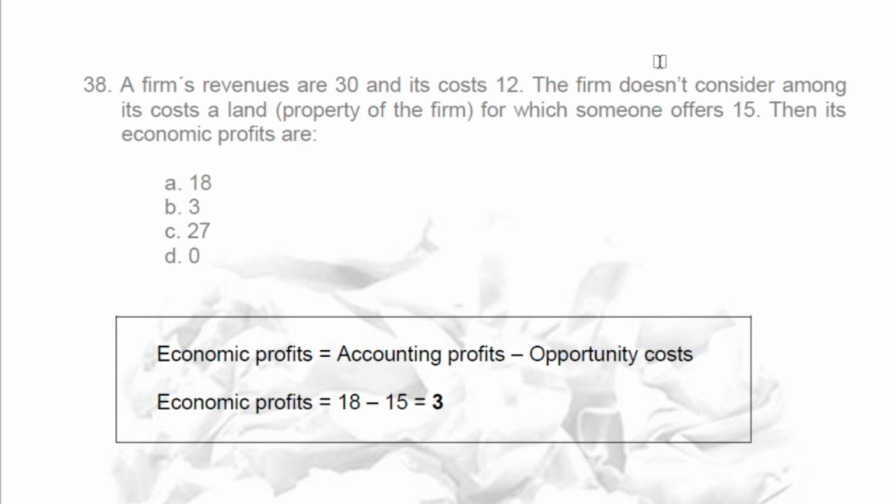But I could earn 15 more if I was selling that land. So the opportunity cost is 15, then the economic profits are 18 minus 15 equal to 3.